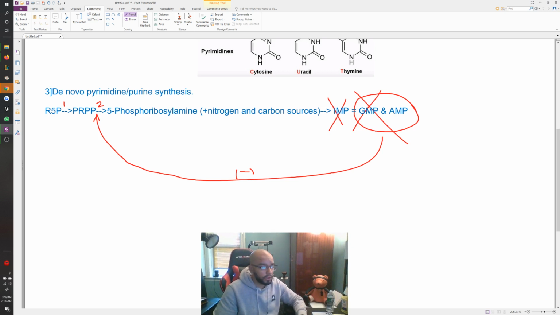That's what it's supposed to do, and you can see that in the image here. It's not going to be able to do it, so you don't have these, and you do not have this negative feedback that's stopping PRPP aminotransferase from working. That means it keeps working. So you're going to keep making this, and it ends up being a really bad cycle for these patients. They end up having excess uric acid production due to this excessive purine synthesis, and then they're going to present with all the symptoms.